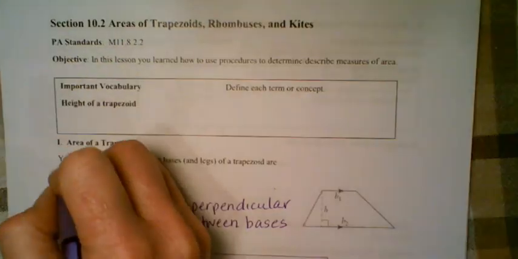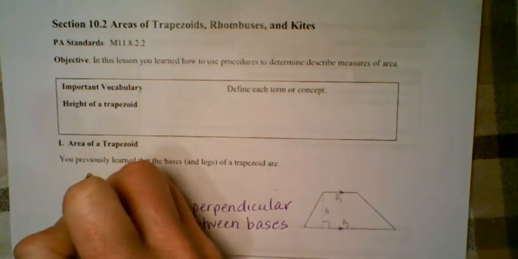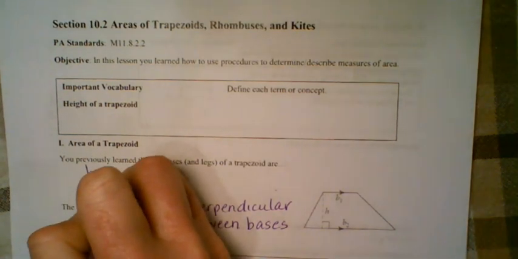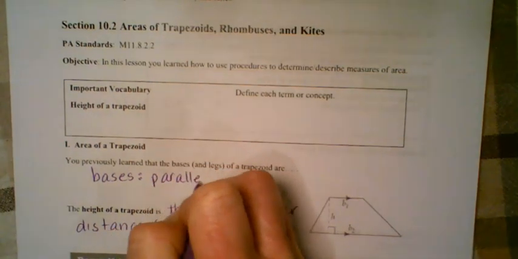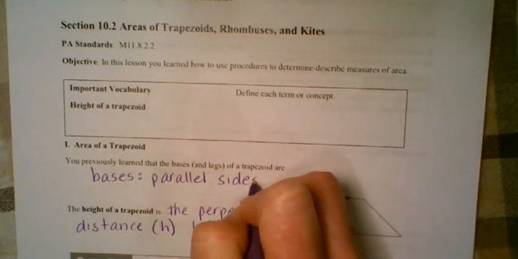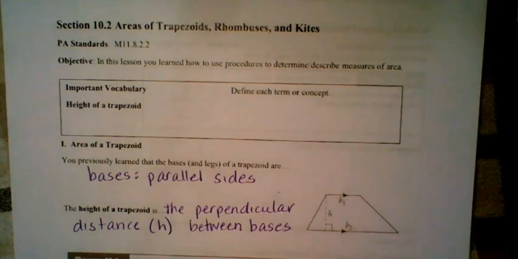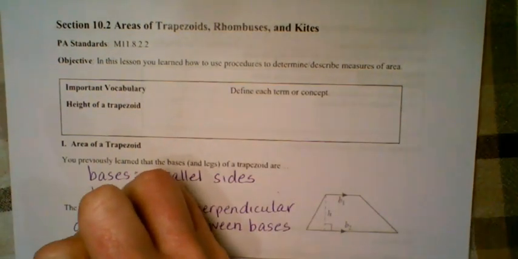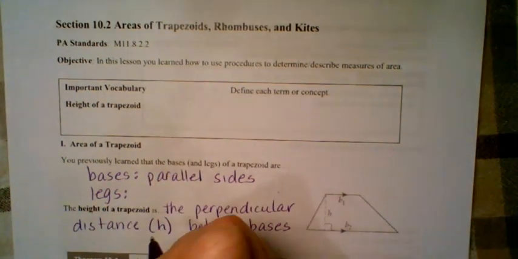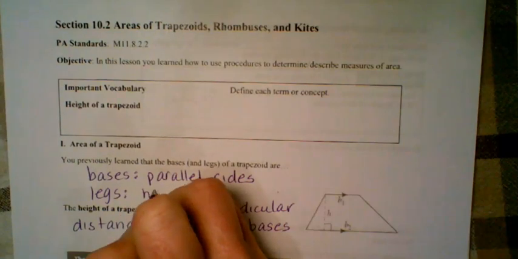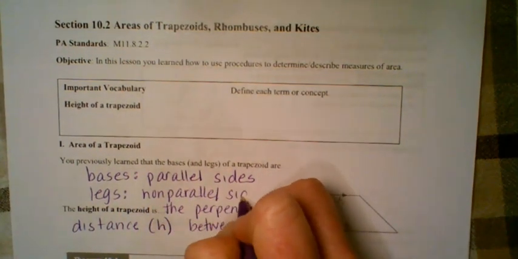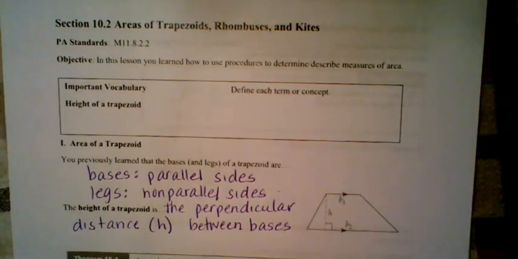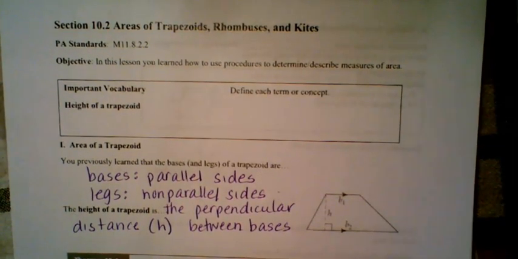Up here, the bases are the parallel sides, and the legs are the non-parallel sides. And the height is the distance between the two parallel sides.